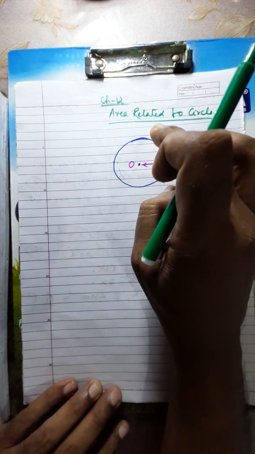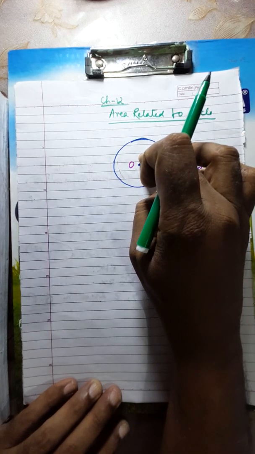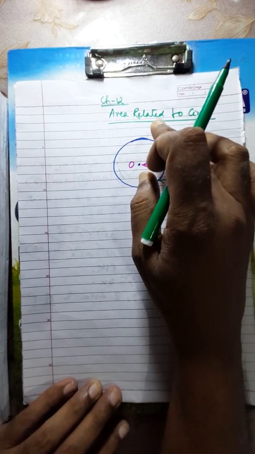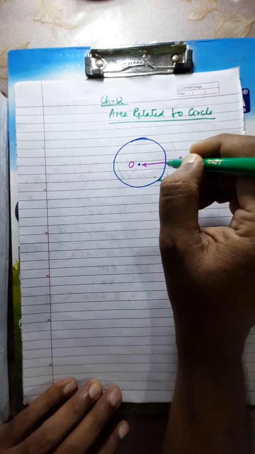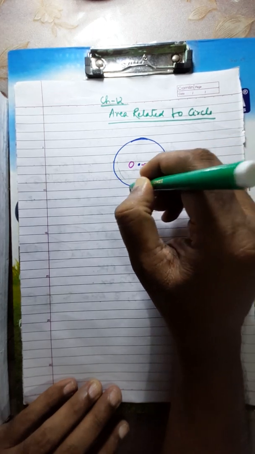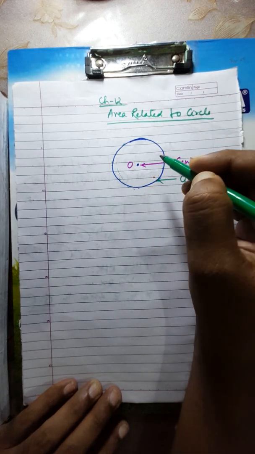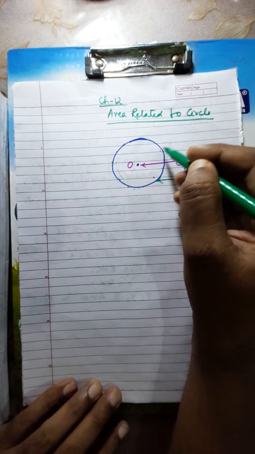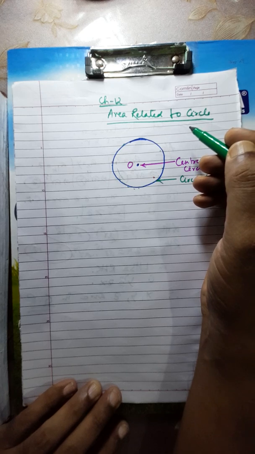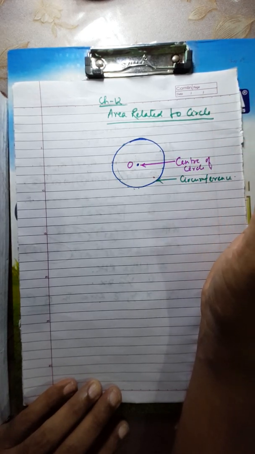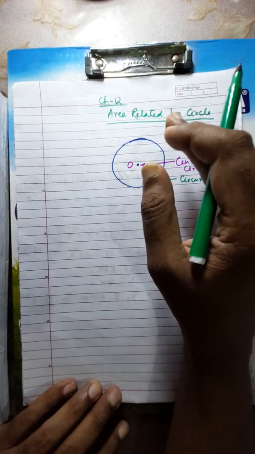One is inside, the interior, one is exterior, and another is on the circle. If it is on the circle, it means the point lies on this curve. In the circle means inside the circle, and outside of the circle. So three parts are there: in, on, and out.